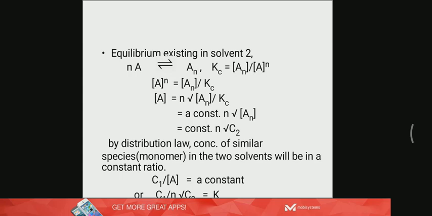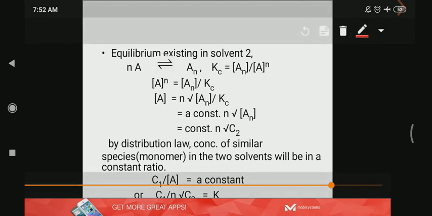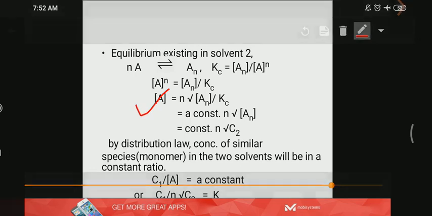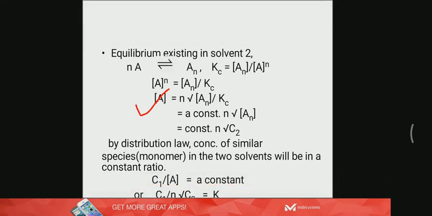From this equilibrium we got the concentration of A, that is the monomeric form in solvent 2, from this equilibrium constant expression. So concentration of A is equal to a constant times the nth root of C2, where C2 is the concentration of the AN form of the solute in solvent 2.